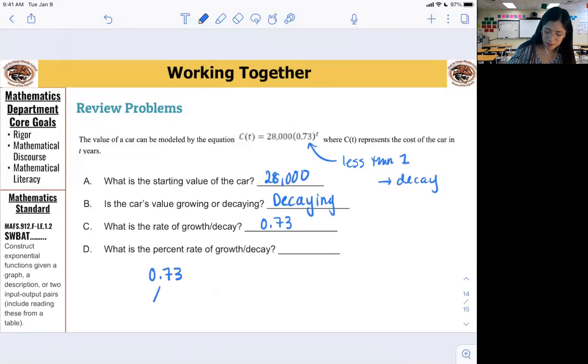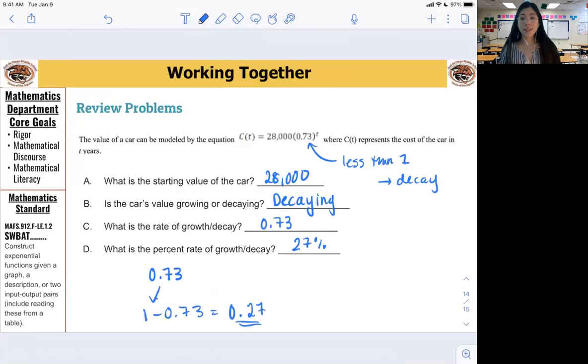So 1 minus 0.73 gives 0.27, which is 27%. Good job. That's one of the things that a lot of people trip up on, so I'm very glad you understood that. When it's decaying, you subtract that value from 1, and that's how you get your percentage.